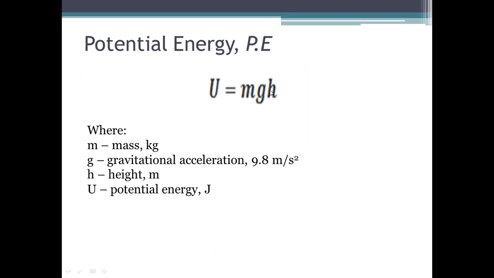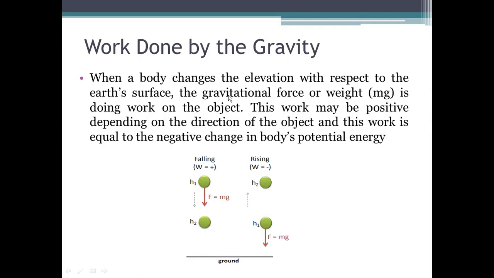Just like in the illustration, the lower the height, the lower the potential energy. The greater the height, the greater the potential energy. So when the object falls, it moves from a higher elevation to a lower elevation. Therefore, the system loses potential energy, from a higher potential energy to a lower potential energy, and we usually associate this with positive work done. So whenever work is positive in gravity, the potential energy decreases.